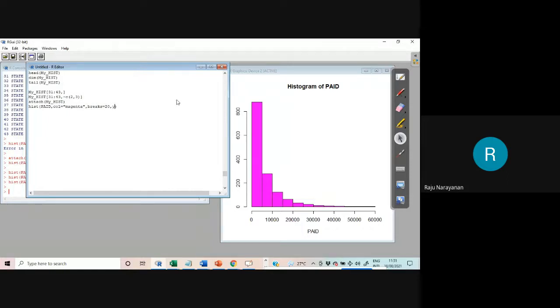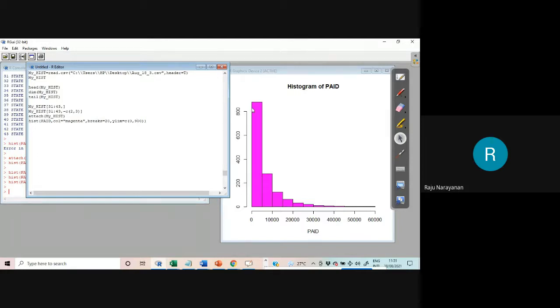ylim. The ylim is 0 to 900. ylim is equal to c(0, 900).